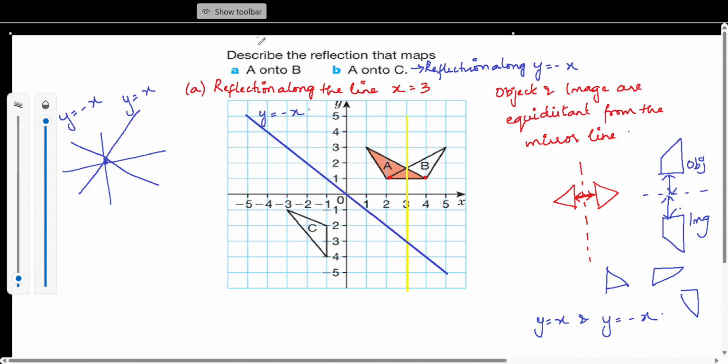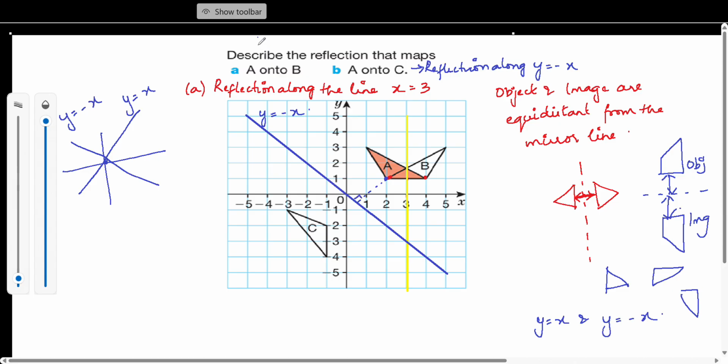The concept here is that when your mirror line is tilted, how would you illustrate a reflection? Here the reflection is given, and we were able to identify it. If you have to demonstrate it on a grid, you have A, how would you draw C? From every tip here, you should draw perpendicular lines to the mirror line. Since here it is a grid, obviously a diagonal line like this would be perpendicular.